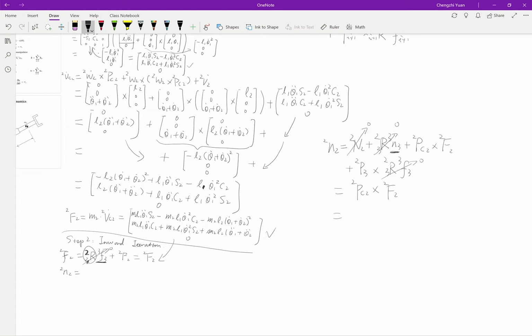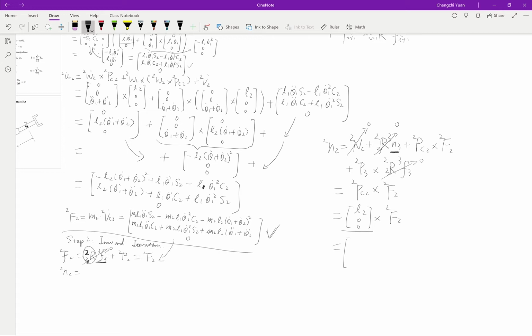So let's see what P_{C2}^2 is. P_{C2}^2 equals L2, 0, 0, right, along the x-axis. Cross product F_2^2: this vector cross product this vector, ignoring the first row and then doing the cross products.